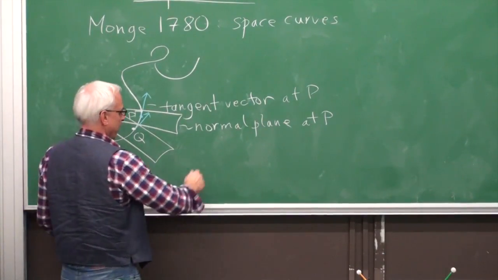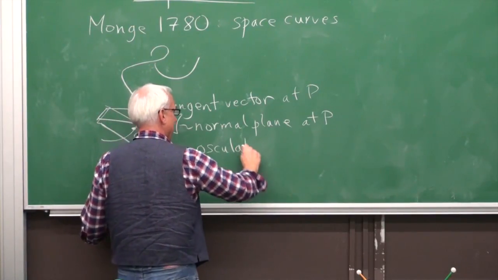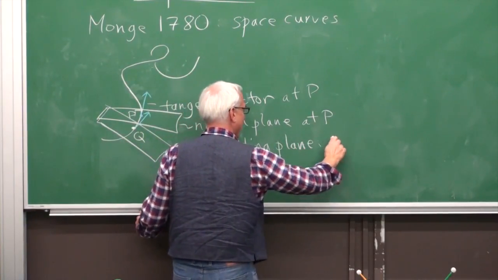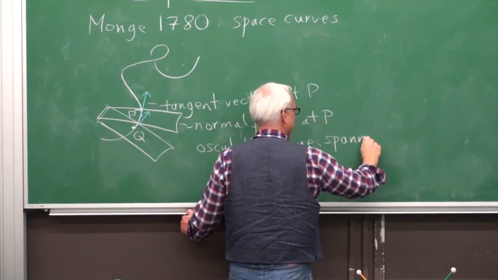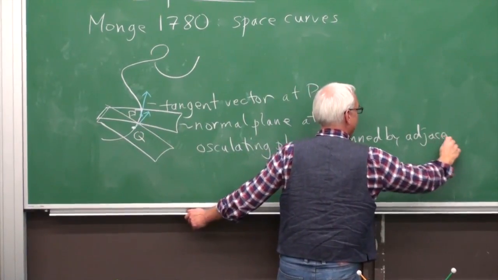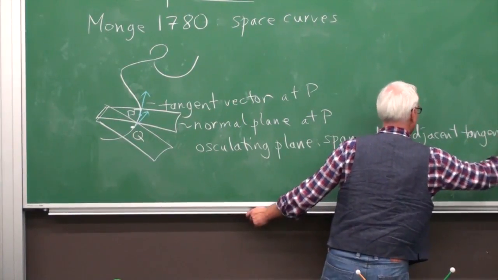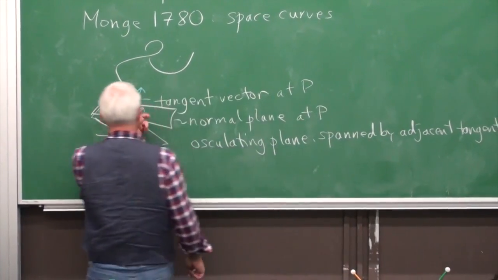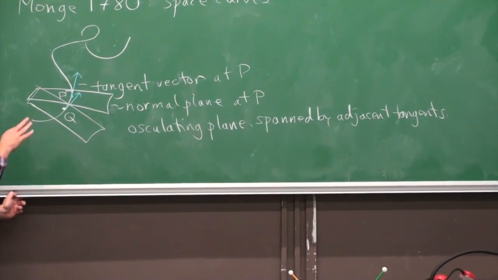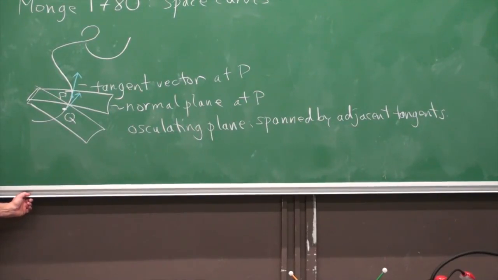So for Monge, the osculating plane was spanned by adjacent tangents. So if we take that tangent and find the common plane that they have together, if the two points are close together, then that will determine a plane.